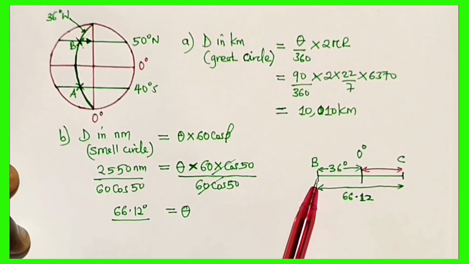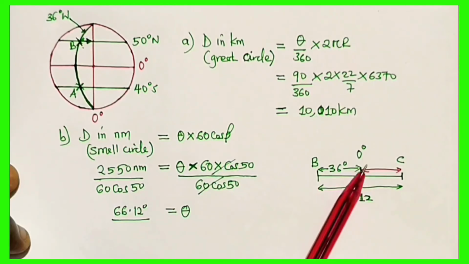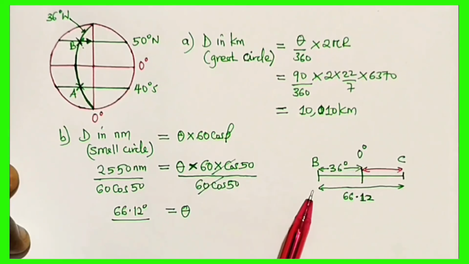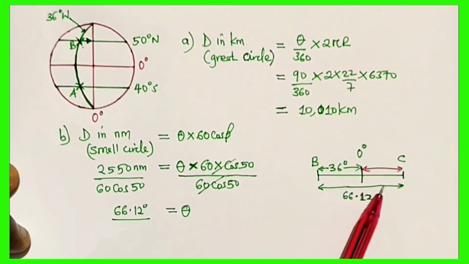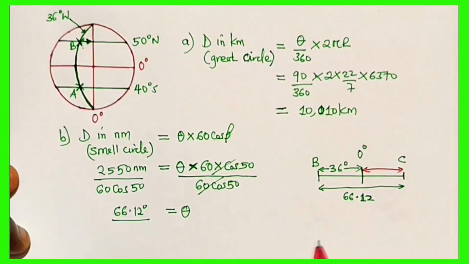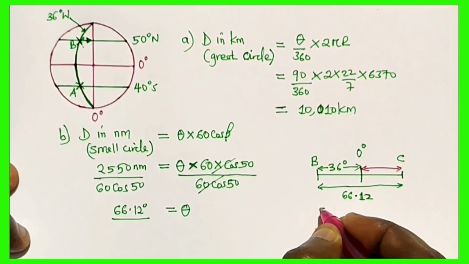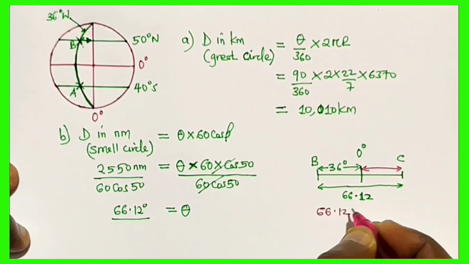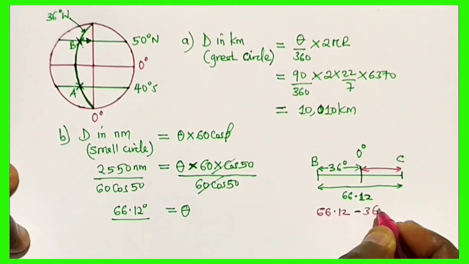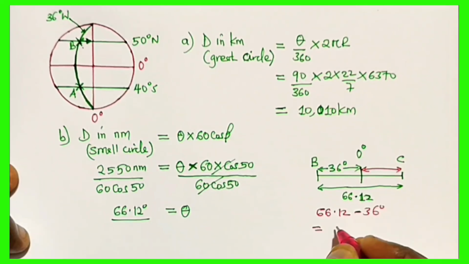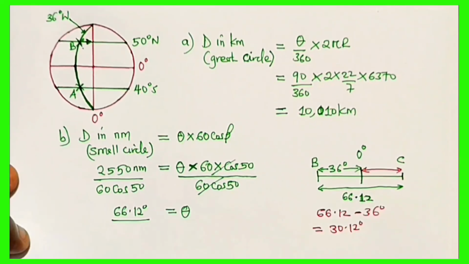So there's airport B, we are looking for the longitude of airport C, and then the Greenwich meridian is passing here. So we know that this is 36 degrees, but then the value of theta is 66.12, and therefore the longitude of airport C will be equal to 66.12. We are looking for this arrow here to subtract 36 degrees, which will be equal to 30.12 degrees.